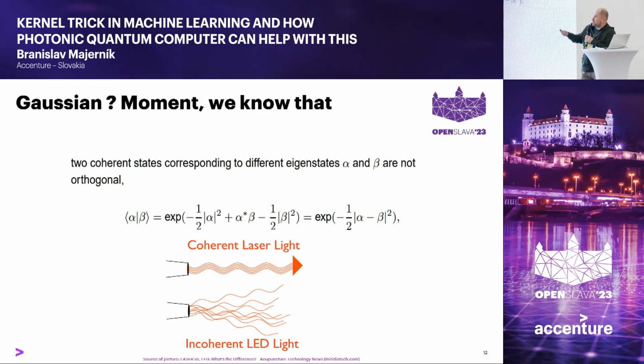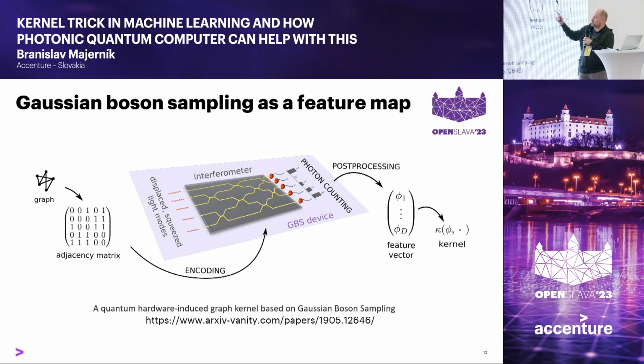With this, you are able to use this formula, and this is the natural formula for each state based on these coherent squeezed states, and you can recognize again this Gaussian formula here. And so it's very simple to use photonic quantum computers, which use these squeezed coherent states in natural form, because they are already embedded in the feature space. That means they already implement this nonlinear feature, and you only have to use your linear hyperplane to split the data.